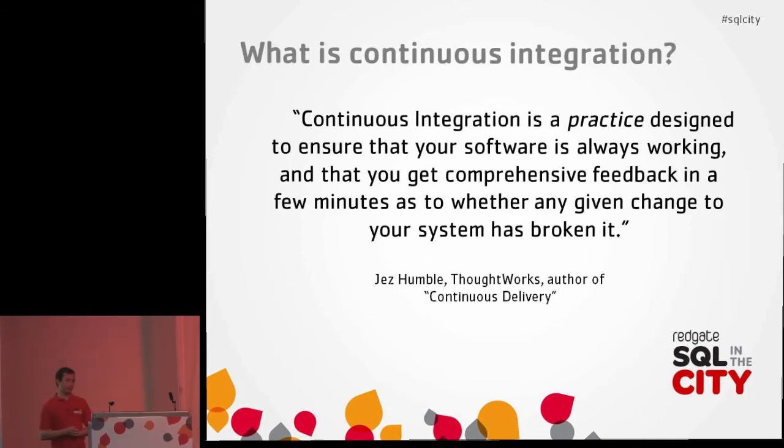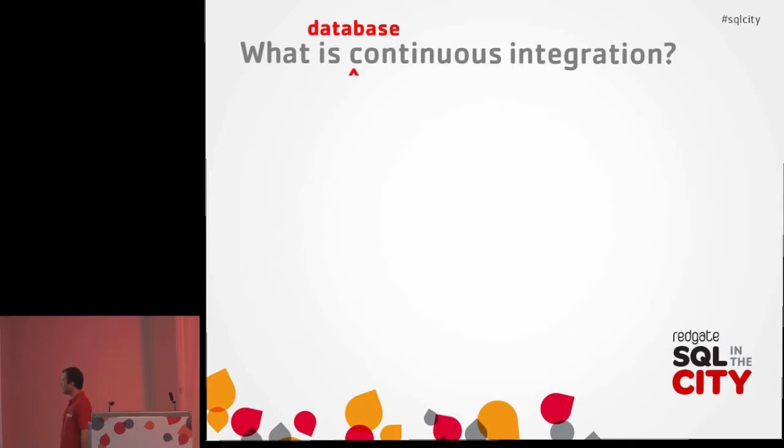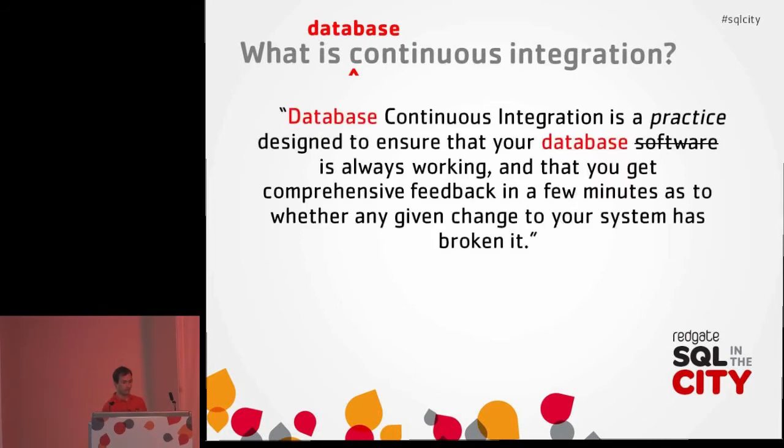So that's continuous integration, but what is database continuous integration? What does it mean to continuously integrate a database? I would say that database continuous integration is a practice designed to ensure that your database is always working and that you get comprehensive feedback in a few minutes as to whether any given change to your system has broken it. What I've done there is just replaced a word with another word and added database in front of continuous integration, because your database code is code.